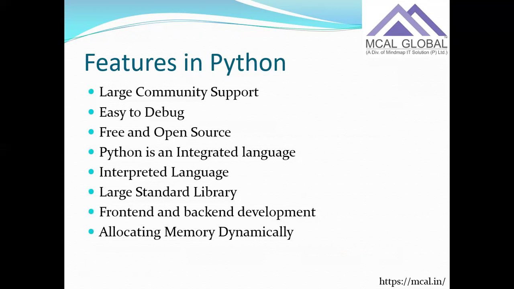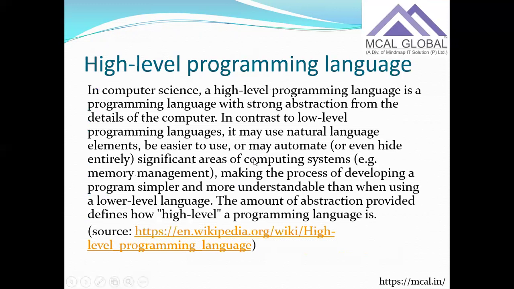We are going to talk about these topics one by one, and understand how these features are associated with Python, and how they are helping Python to be a wonderful language, or one of the topmost languages right now, as far as programming is concerned.